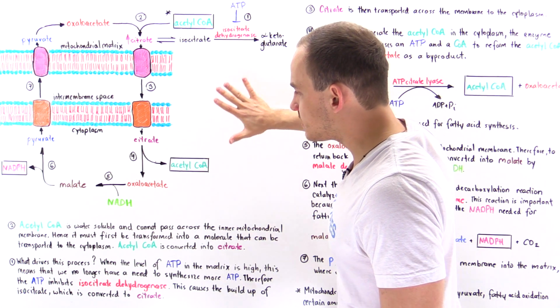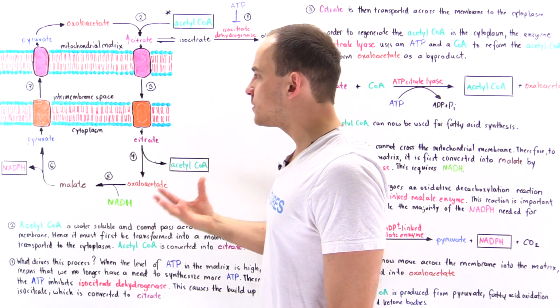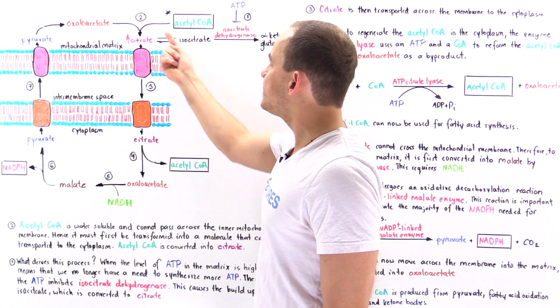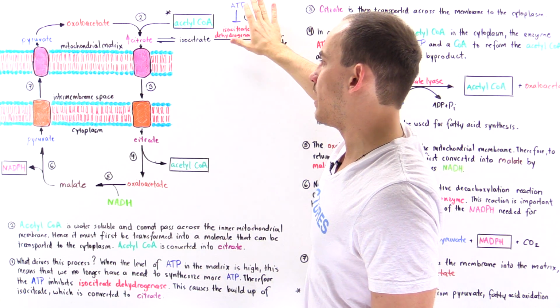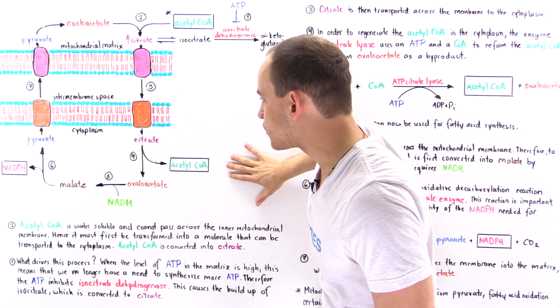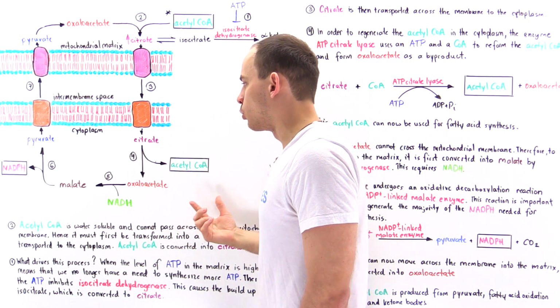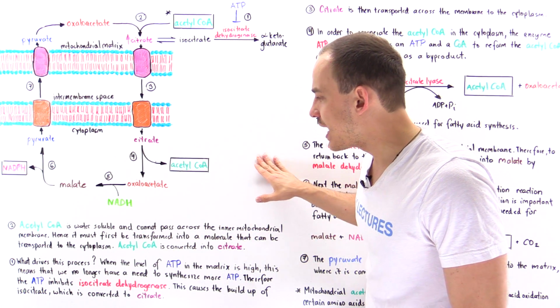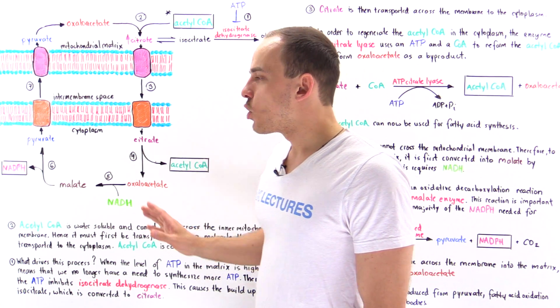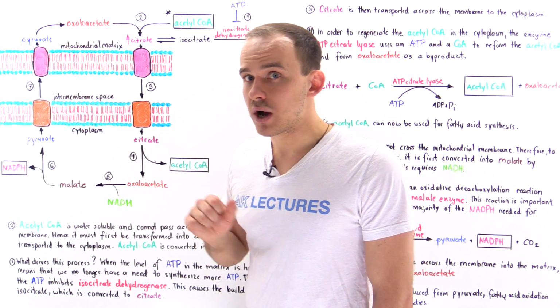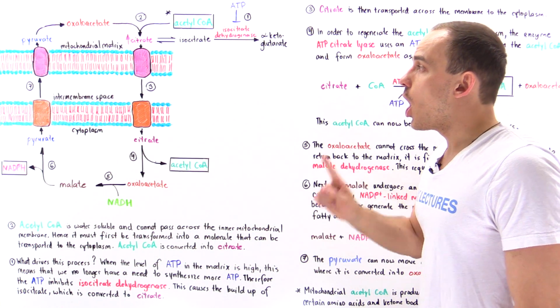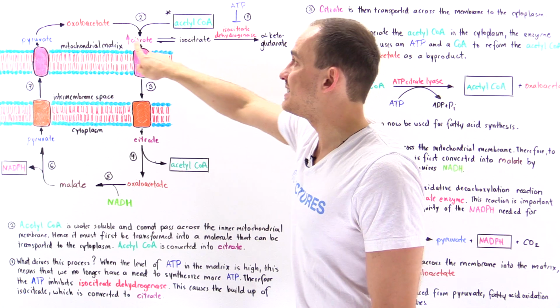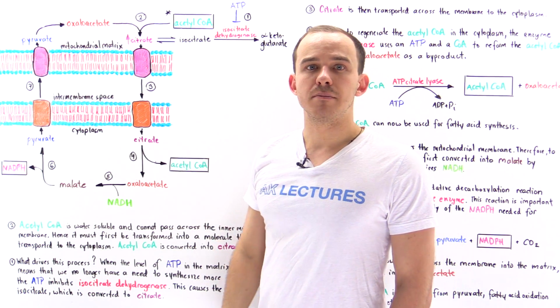So this is the process by which we ultimately move that acetyl group from the matrix of the mitochondria into the cytoplasm, so that now we can use that acetyl group to actually elongate and form those fatty acid chains. And just like I said in the beginning, what stimulates or promotes the process of fatty acid synthesis are high levels of ATP and citrate in the matrix of the mitochondria.